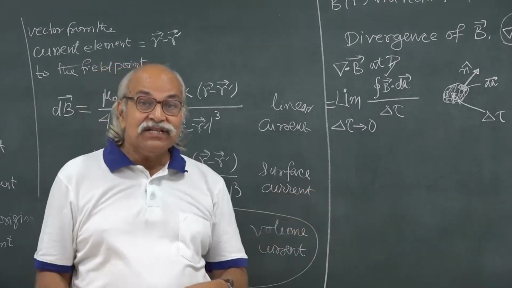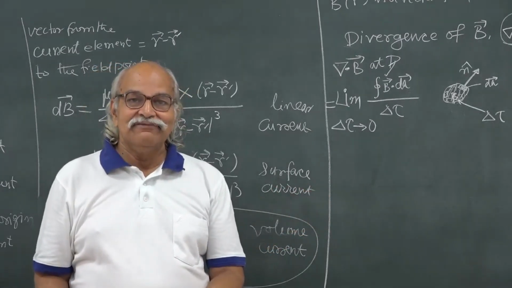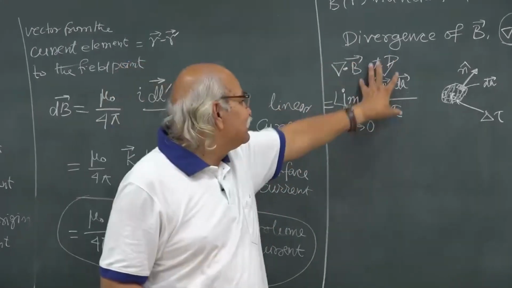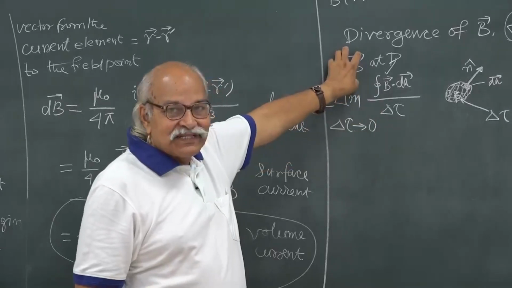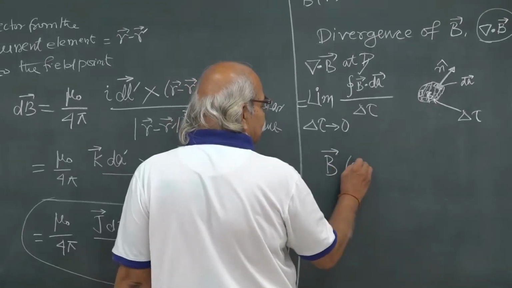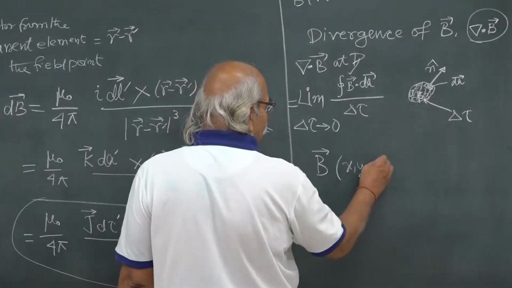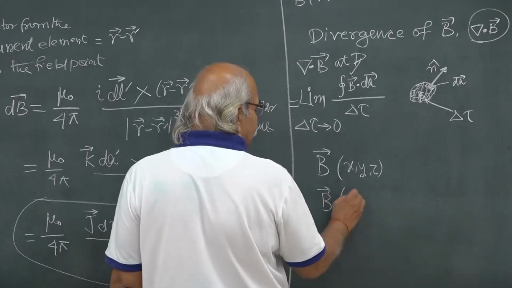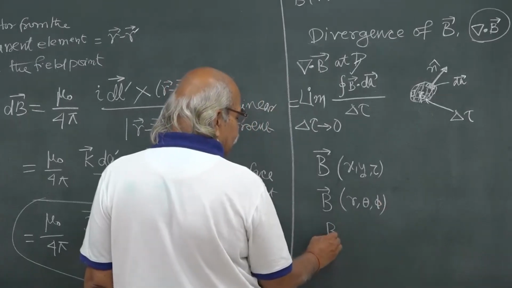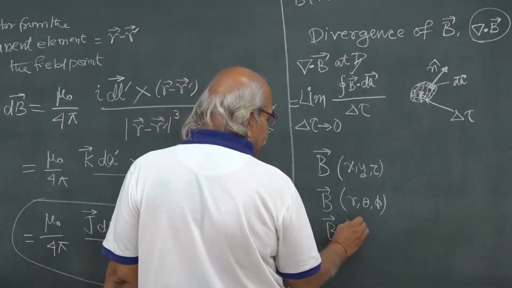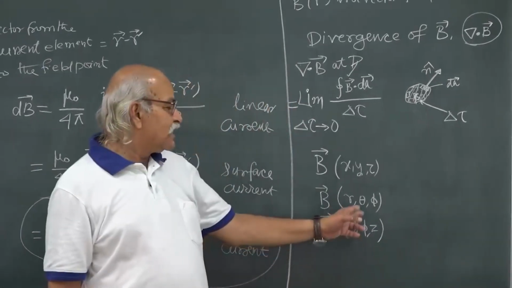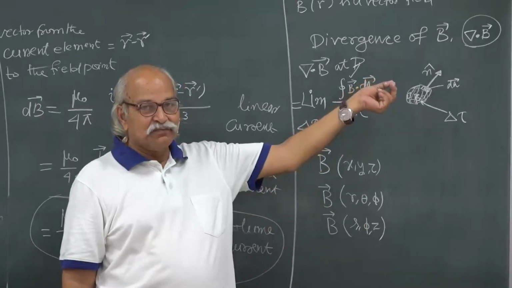Now, operationally, you do not have to do this every time you want to know the divergence of B. If B is known in terms of x, y, z, or in terms of spherical polar coordinates r, theta, phi, or cylindrical coordinates s, phi, z, these are space points to tell which point in space.